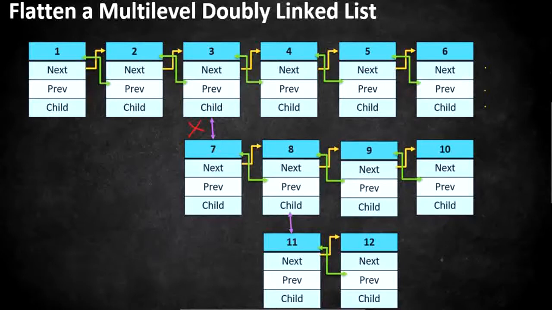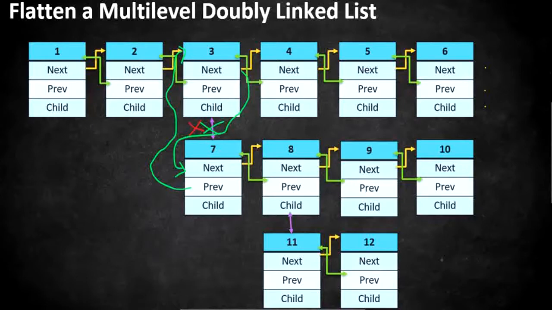To do that, the idea is that wherever we find a child node, we have to connect the next of the current node to the head of the child nodes, and the previous of the child node would be connected to the value of the previous node, so that this child will be removed and the actual connection will be given as if it is a continuous node.